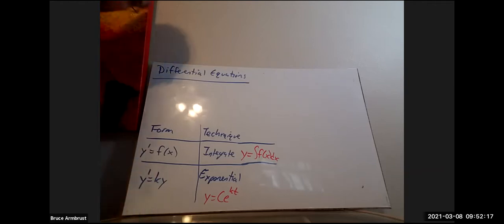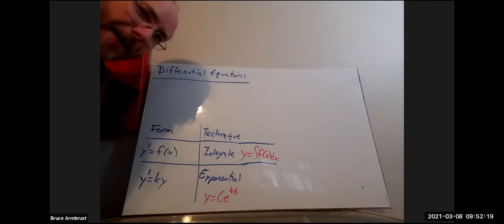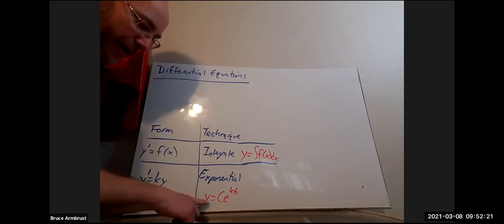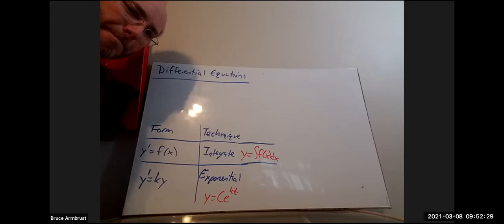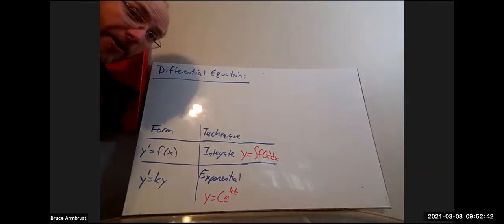Okay, so now I'm really going to make you think back. Anybody remember how we got that as an answer to this differential equation? And it's okay if the answer is no, because that doesn't surprise me, because it was a long time ago and we kind of blew through it.